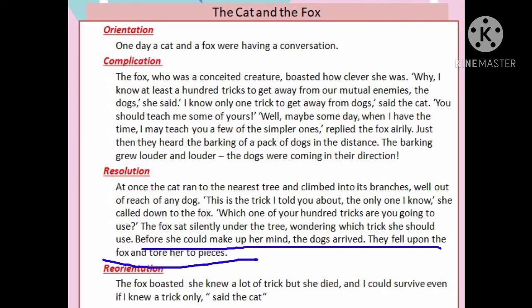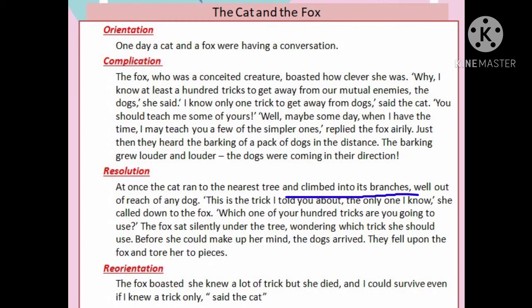Anjingnya sudah datang and they all fell upon the fox and tore her to pieces. Dan anjing-anjing itu mencabik-cabik rubah sampai dia mati. Di paragraf ketiga itu ada problem solvingnya, pemecahan masalah yang dihadapi saat anjing datang, lalu kucing bisa selamat dengan naik ke atas pohon, dan fox yang sebelumnya sudah membual memiliki banyak cara, dia hanya berakhir pada kematian. Itu disebut bagian resolution.